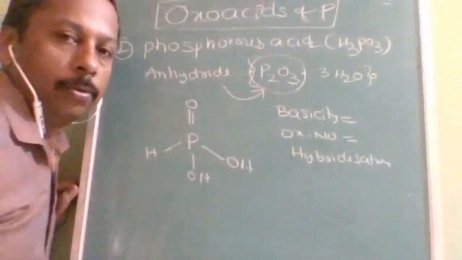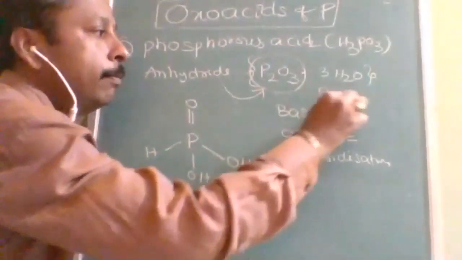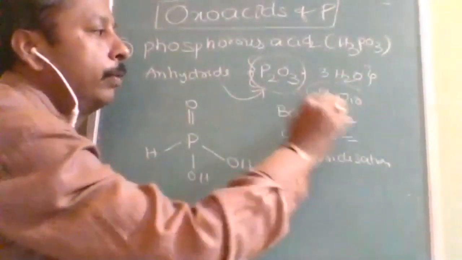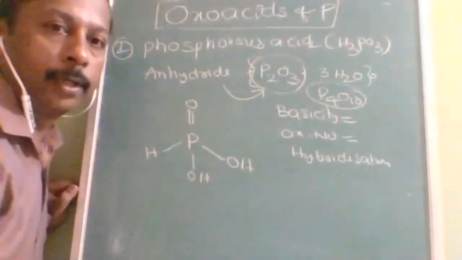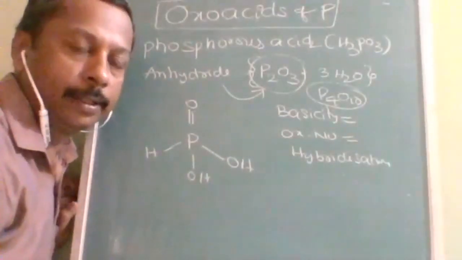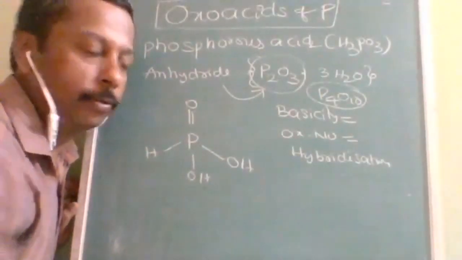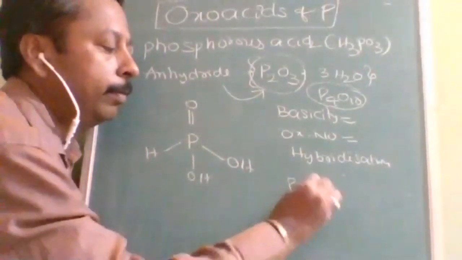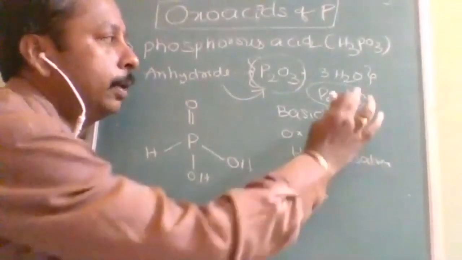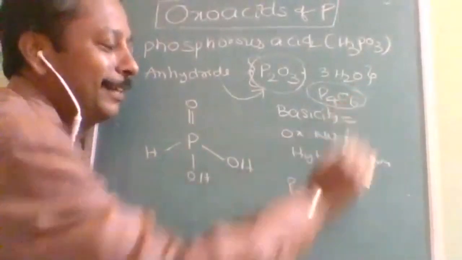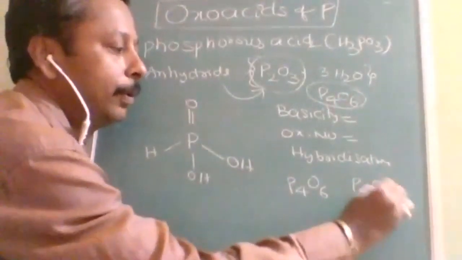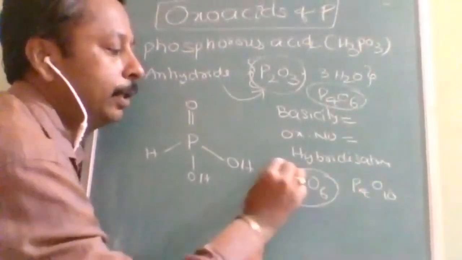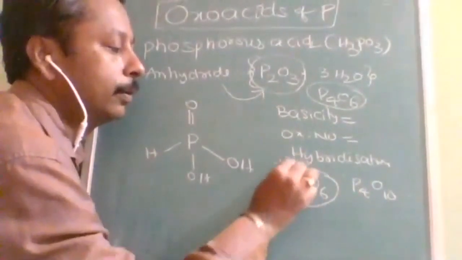P2O3 actually exists as P4O6. There are two oxides of phosphorus. I think you remember: P4O6, and P4O10. Here it is the plus 3 oxidation state.